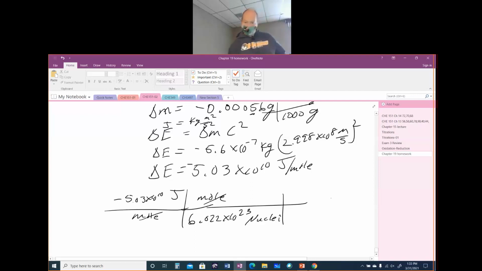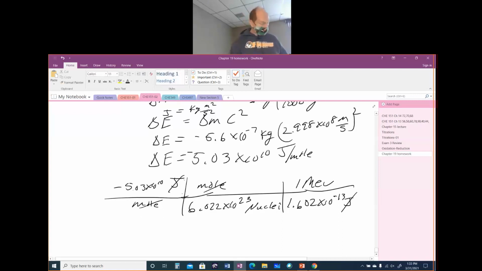Then you have, there are 1.602 times 10 to the minus 13 joules is 1 MeV. And so that's how you get rid of your joules and you get MeV.